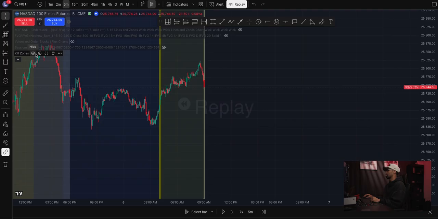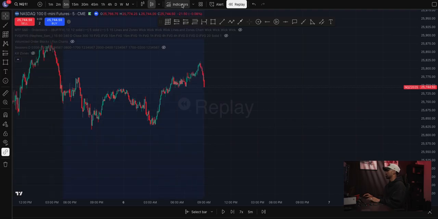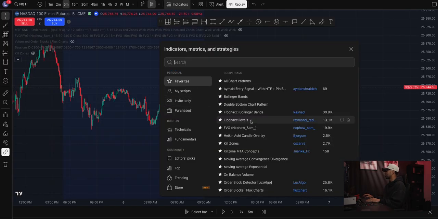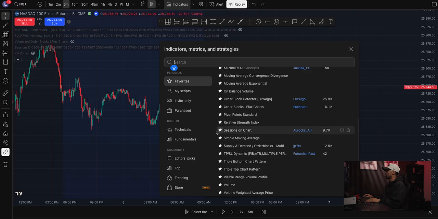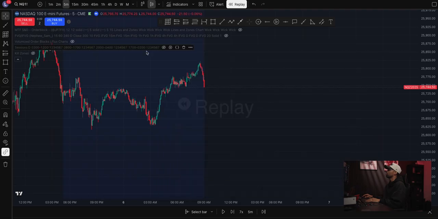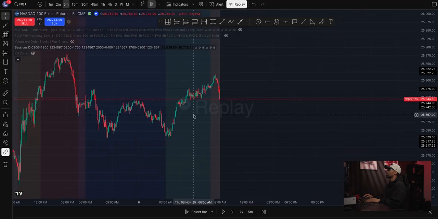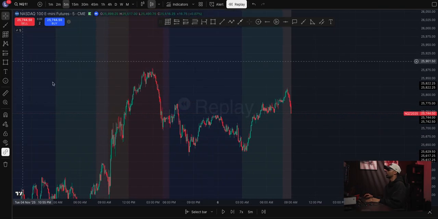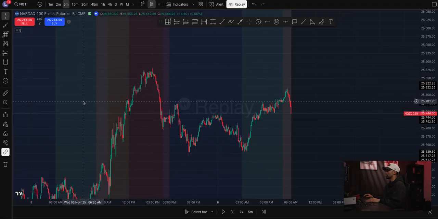The other indicator is called Sessions. I already have it in my favorites; it says Sessions on Chart. When you click it, all your sessions will pop up on your chart. This is the way I would prefer you guys to do it.